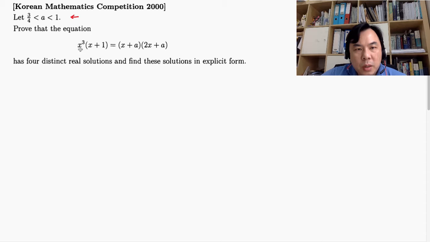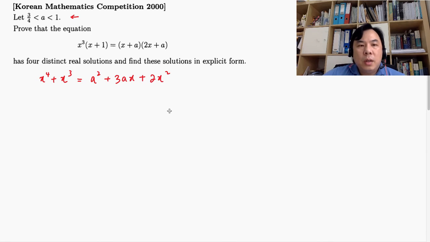Let's look at how to relax this equation. First of all, we can expand both sides, so you get x to the fourth. That's what we have here. And then on the other side, you would get a square, and then 3ax, and finally the 2x squared.